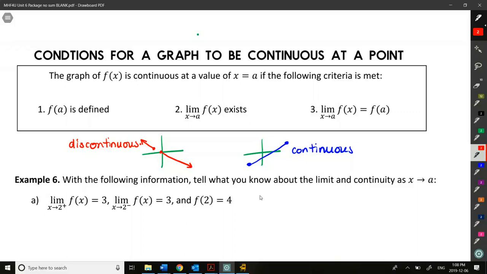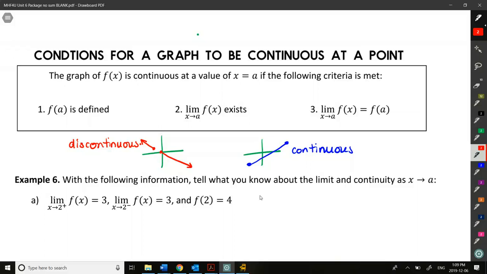Okay, and the third condition is that our limit value, so if I decide the limit exists and I get the value of what the limit is, it must also be equal to the function at that value, okay? So when I figure out number 2, that it exists and what it's equal to, and when I figure out what f at a is equal to, if those are equal to two different things, then the third condition is not met here, okay?